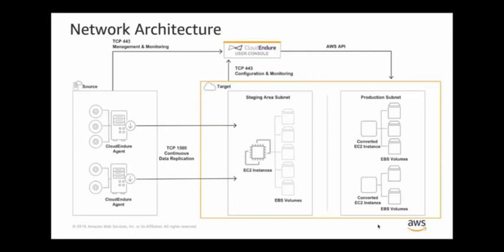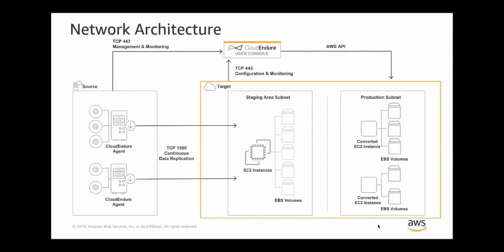All replication is done via port 1500, a connection that is managed by you. CloudEndure supports Direct Connect, VPN, or public internet for replication. CloudEndure also ensures that all data is secure by encrypting all of the traffic in transit using AES 256-bit encryption.